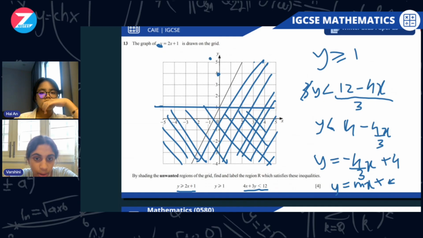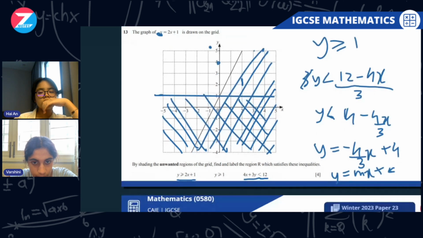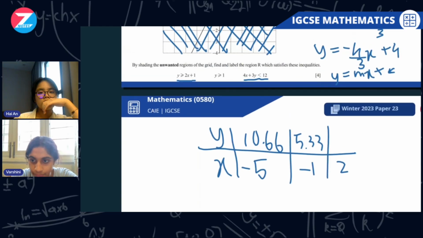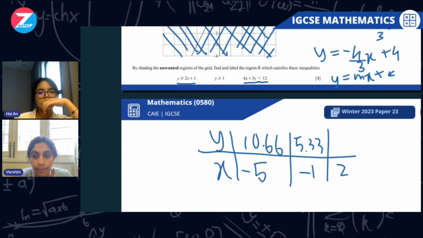So instead, let's find a value where we have some exact values. Let's find it at 2 on this point.